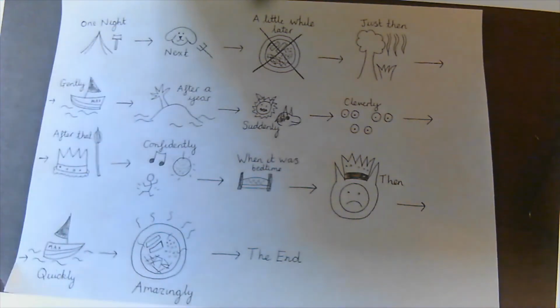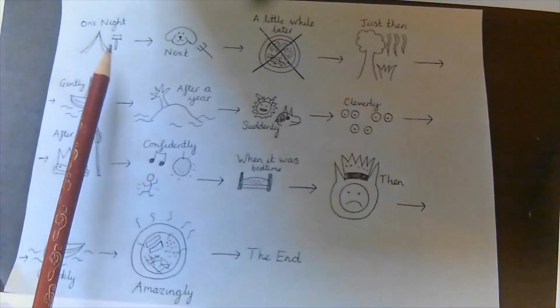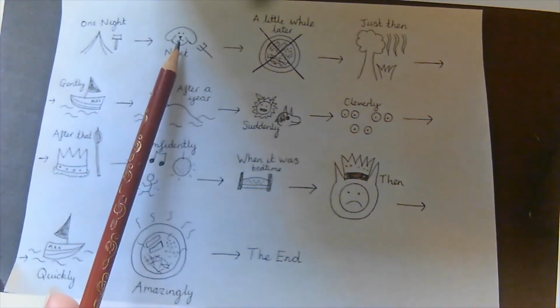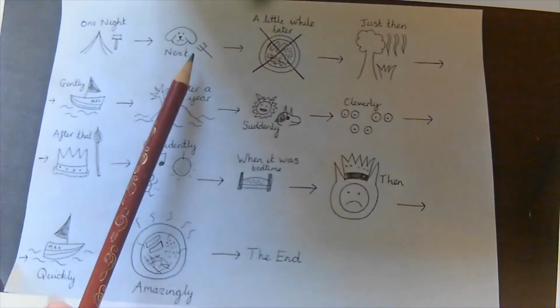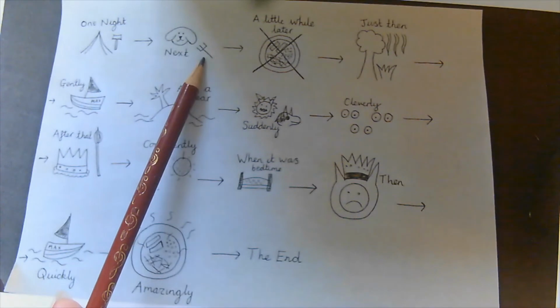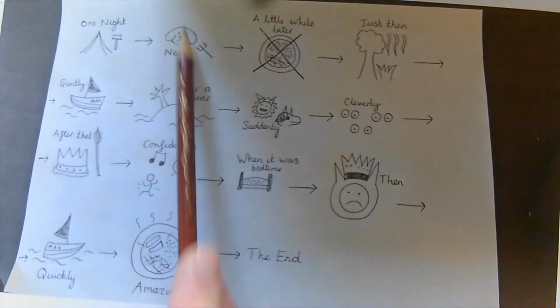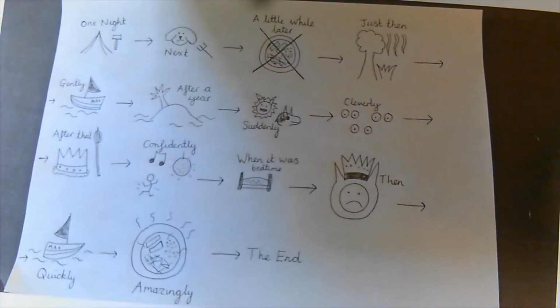One night, Max built a den with a metal hammer. Next, Max chased his poor defenceless dog down the stairs with a sharp, pointy fork. And if you want to write your adjectives on your story map so you remember them, that is absolutely fine as well.